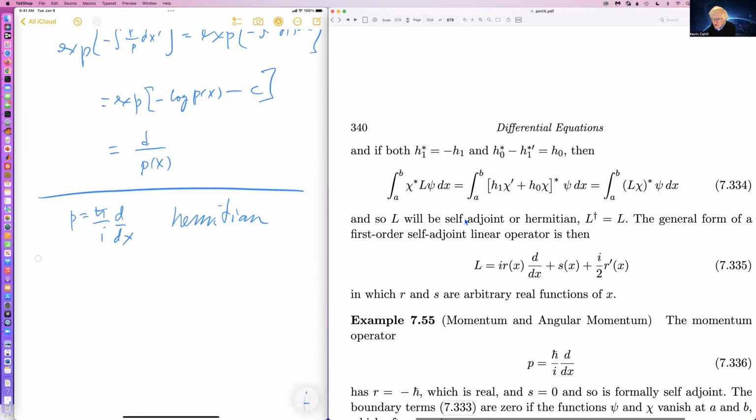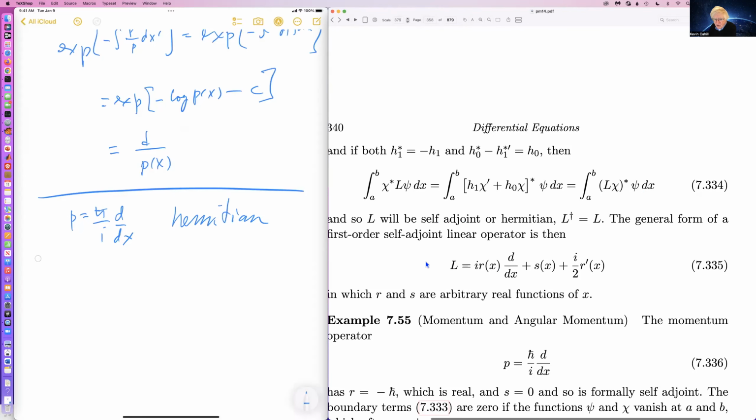So L will be self-adjoint if it's of this form, in which R and S are arbitrary real functions. So it's an i times a derivative times an arbitrary function R, plus an arbitrary function S, plus i over 2 times the derivative of this function here.